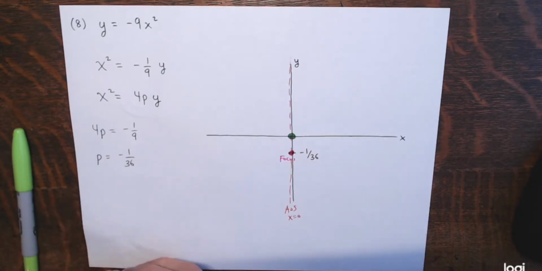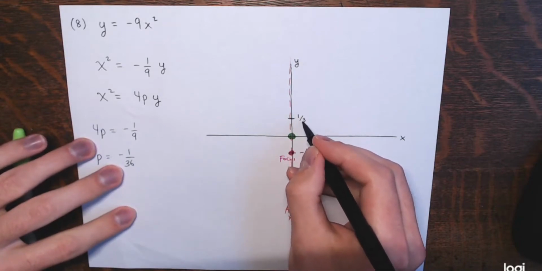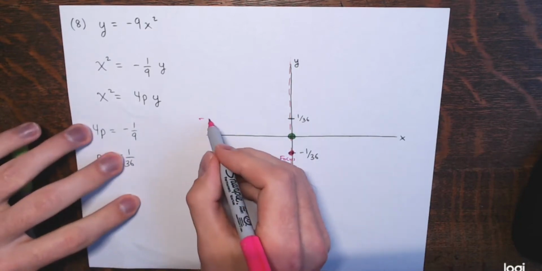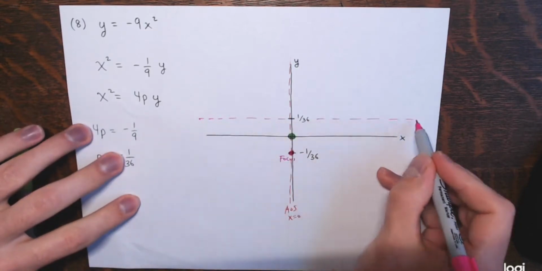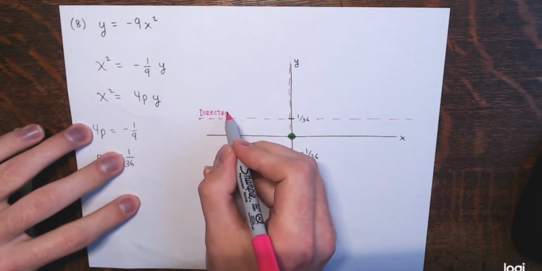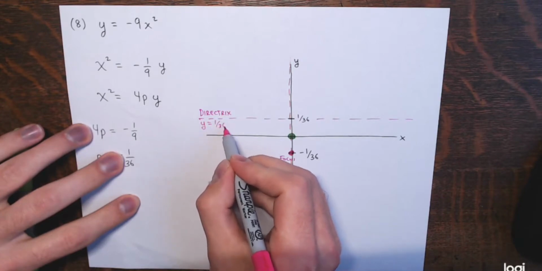And then the directrix will be 1/36 of a unit above the vertex, right? And a horizontal line. Horizontal, so y equals positive 1/36.